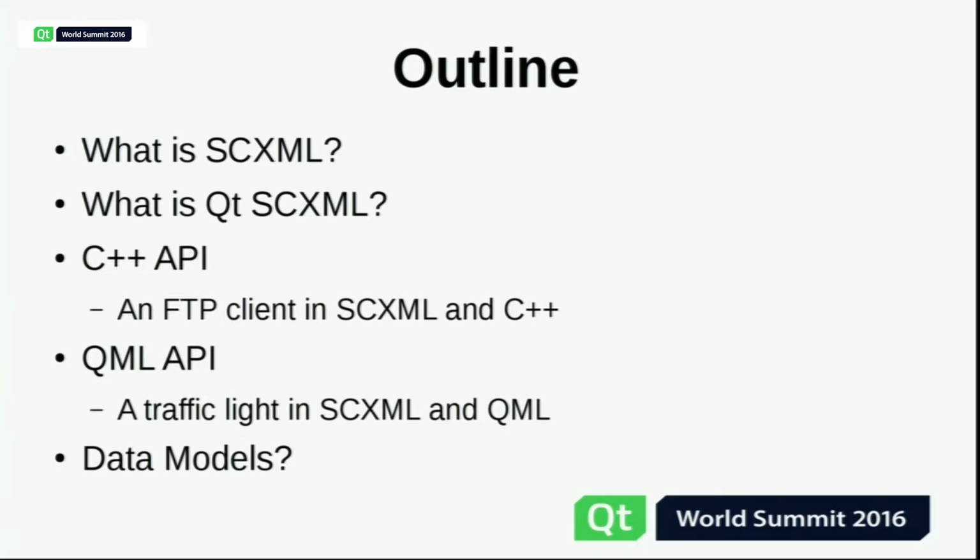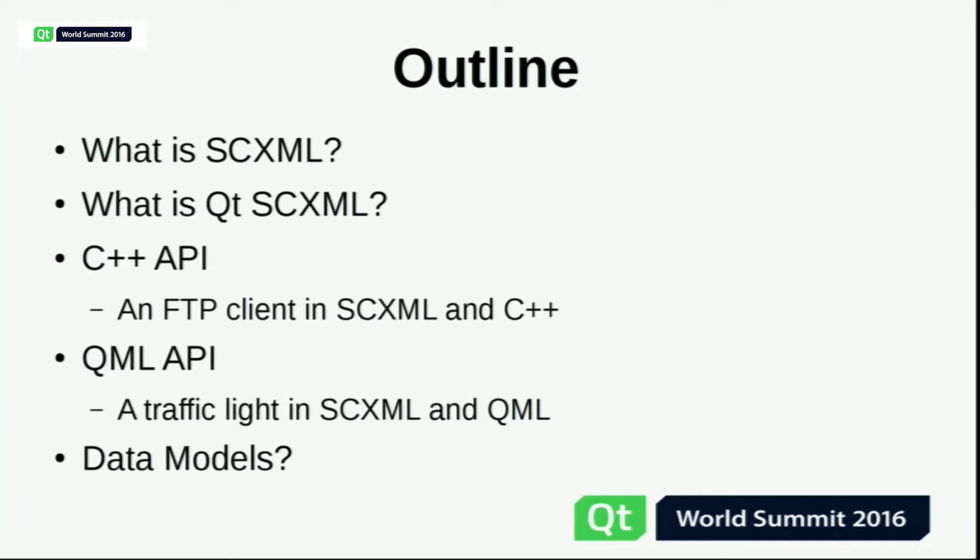So this is what I'm going to do. First, I'm going to explain a bit what SCXML is and the general concepts around it. Then I'm going to explain what Qt does with it. So what is the whole Qt SCXML module about?